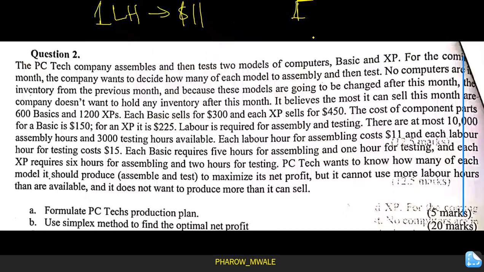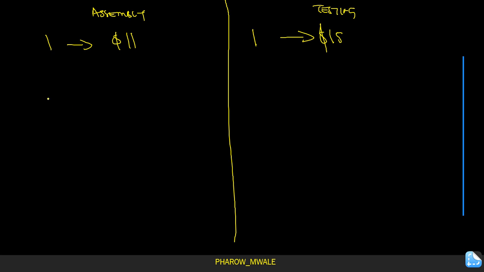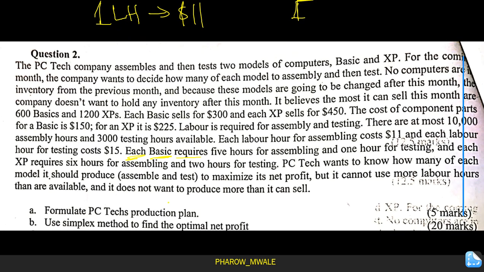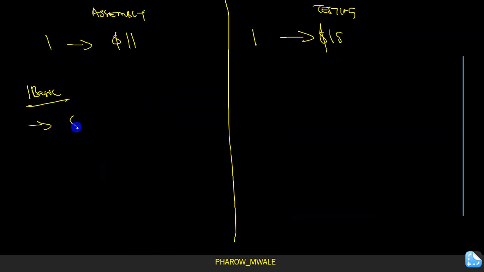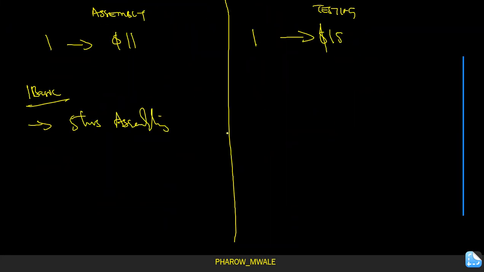Now the question proceeds further to say each basic computer requires 5 hours for assembling and 1 hour for testing.